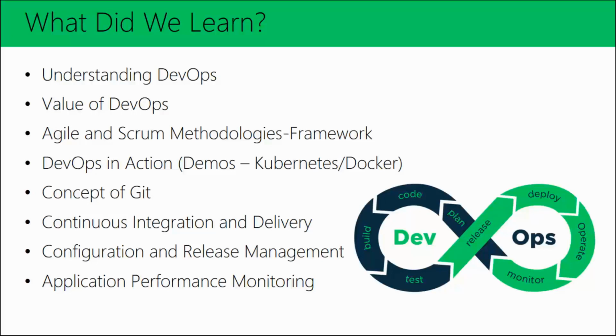So the overall objective of this course was to give you a solid understanding and flavor of the DevOps area and what goes into DevOps. So it's development and operations under one roof, but I also added teams like quality assurance, which is known as the testing team, right?